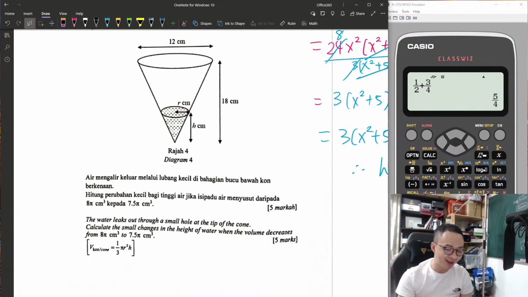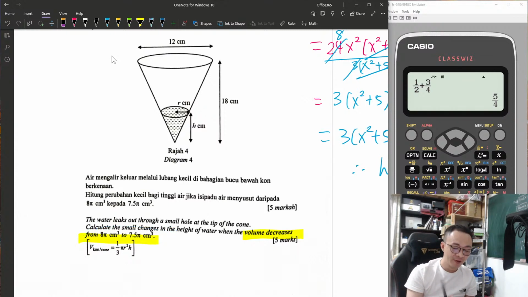So the water leaks out through a small hole at the tip of the cone. Calculate the small change of the height of the water when the volume is decreased from that one to this one. Okay, first idea: what's the meaning of volume decrease from this value to that value?